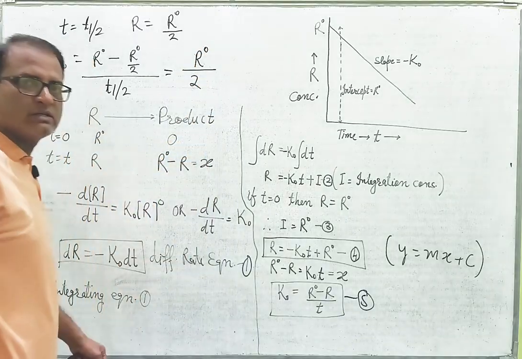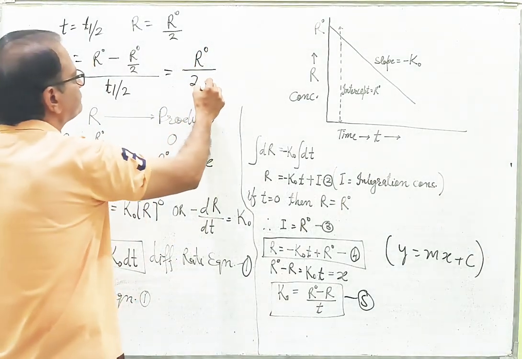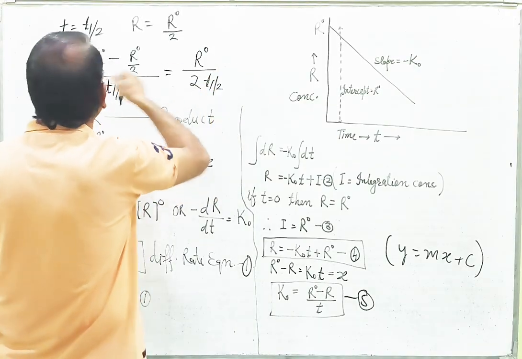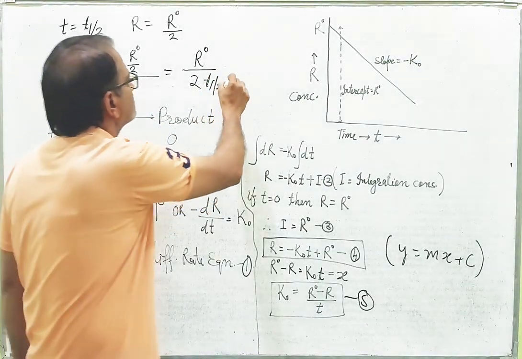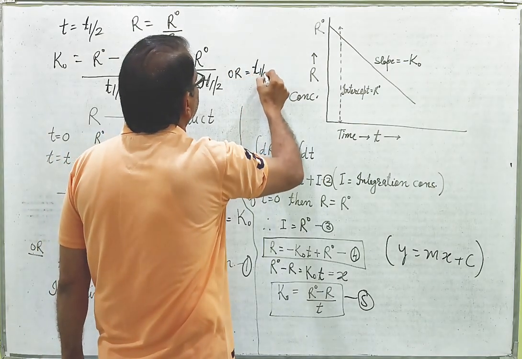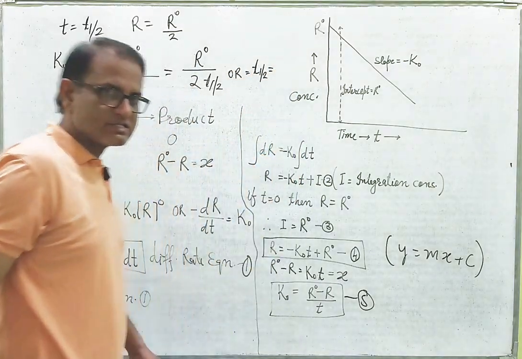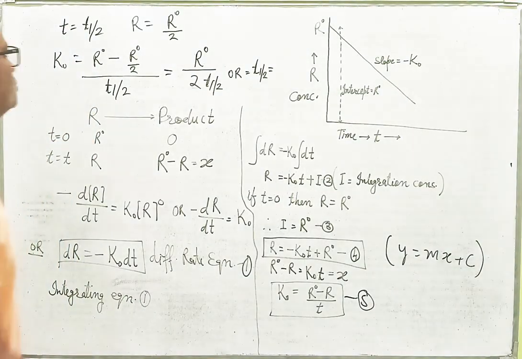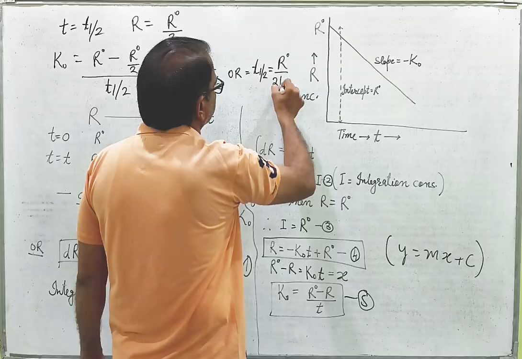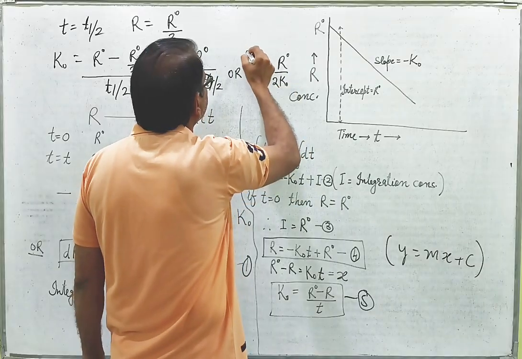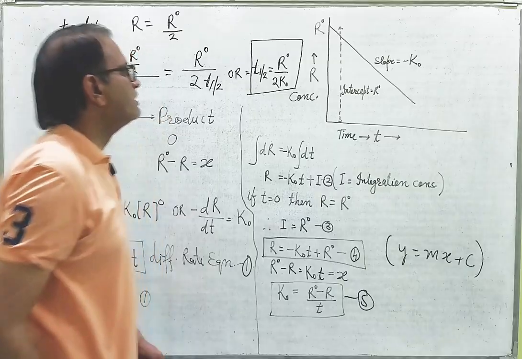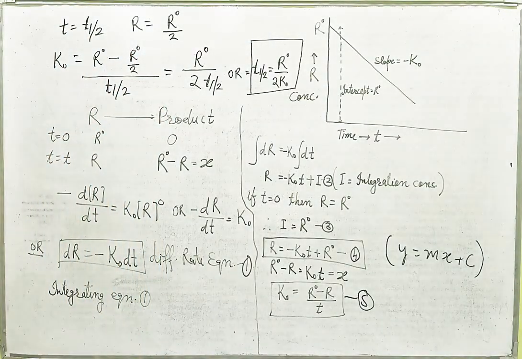And t half, or t1 by 2, is equal to, or what we can say, t half of a zero order reaction will be equal to R naught upon 2K0. T half of a zero order reaction will be equal to R naught upon 2K0.